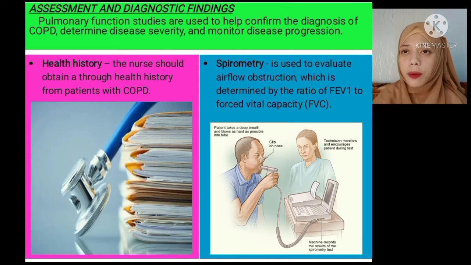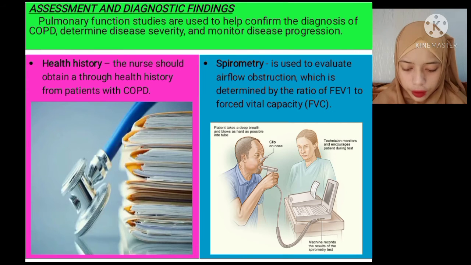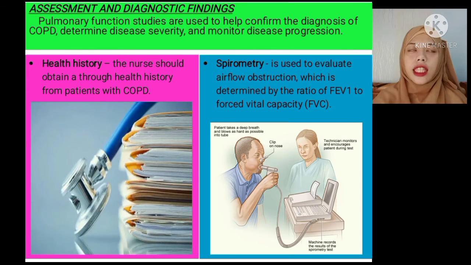The next is spirometry. Spirometry is used to evaluate airflow obstruction, which is determined by the ratio of the FEV1 to forced vital capacity. This FEV1 is the amount of air you can force from the lungs in 1 second.